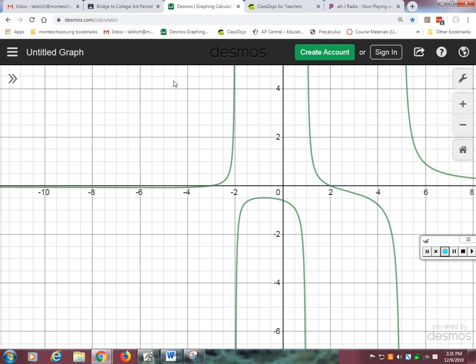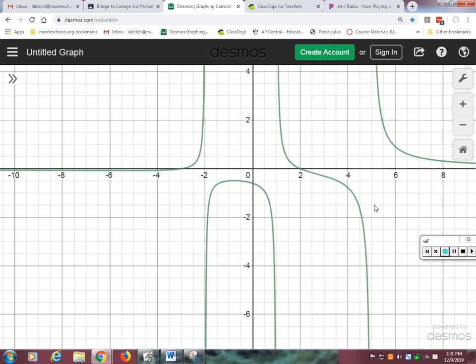All right, so I told you, I warned you, rational functions are a little bit on the crazy side. Here's a great example. We have a horizontal asymptote at y equals 0. This one, strangely, crosses through y equals 0. So then it's going to come up and get after it from the bottom.